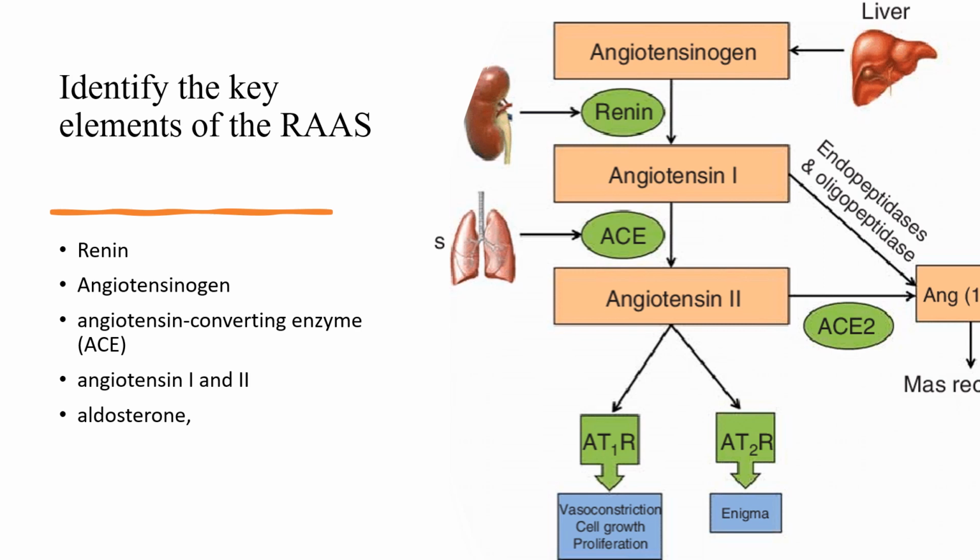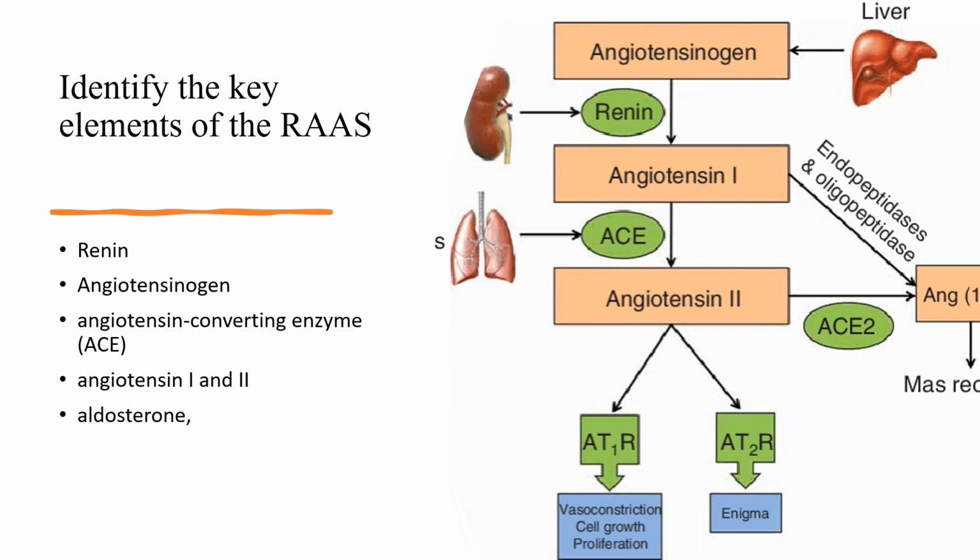It acts on its substrate called angiotensinogen, which is produced by the liver and released into the bloodstream. Renin cleaves angiotensinogen to produce angiotensin 1. Now, angiotensin 1 is then converted to angiotensin 2 through the action of ACE, which is angiotensin converting enzyme.